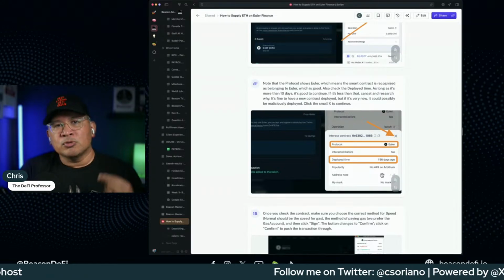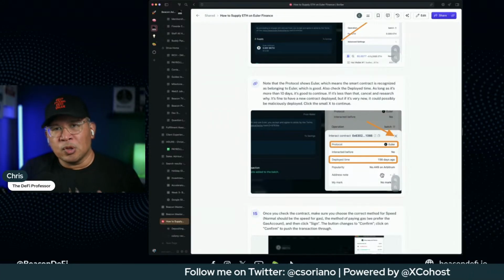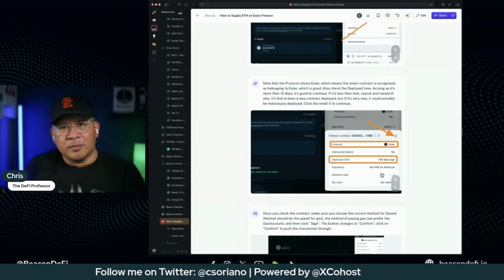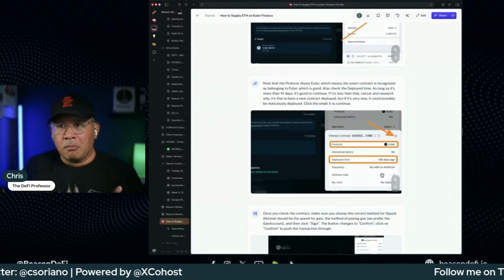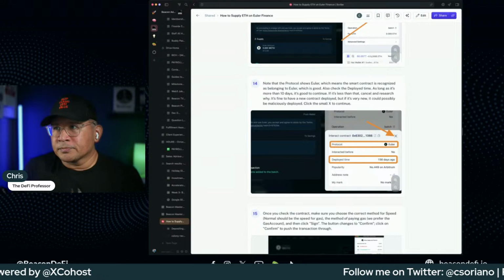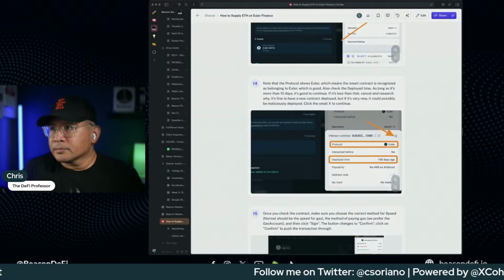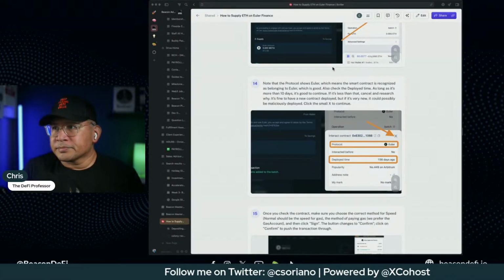The only way to change that smart contract is to deploy a new one. So in the event that somebody has deployed a new one, go back and double check and make sure. That's weird. Why would you do that? But be very careful.